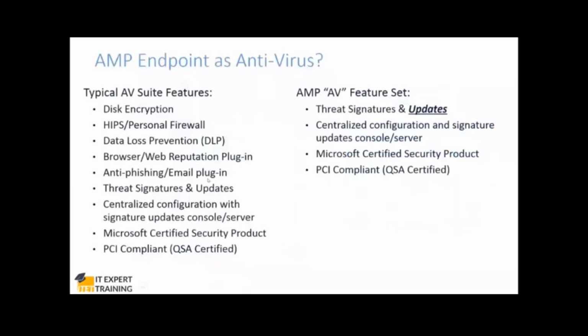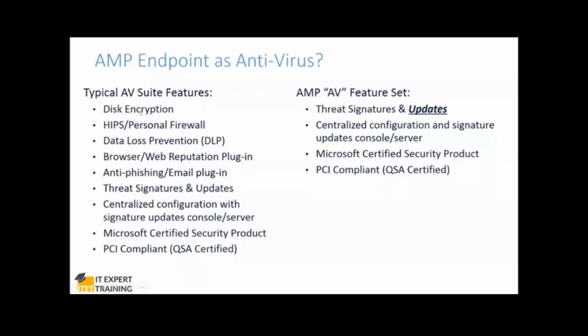Now coming to the AMP endpoint as antivirus. Typically antivirus has these features, right? It will do disk encryption, host-based IPS, and personal firewall, like Symantec, Trend Micro, Kaspersky, McAfee.